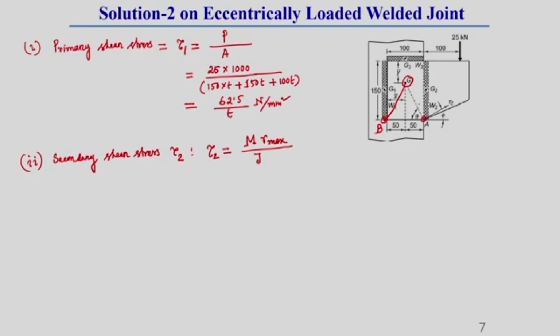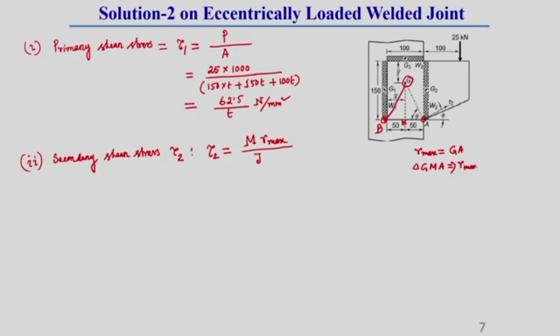If the farthest location is A, then R max will be GA. GA we can easily find out. Let me draw a perpendicular, GM and A. From the triangle GMA, we can easily find out R max.